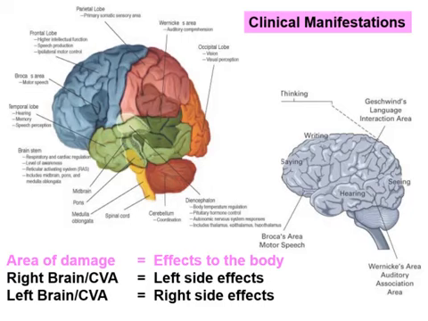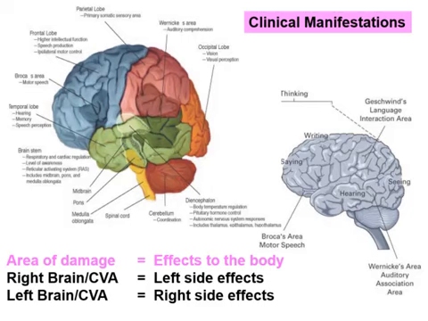So when you have a left brain or left hemisphere CVA, again, you're going to have right-sided deficits. Remember, it switches. This is the dominant side, so it occurs in about 80% of the stroke population. And this is really going to have issues with language, math, analytic thinking. You're going to have aphasia, which is receptive or expressive.